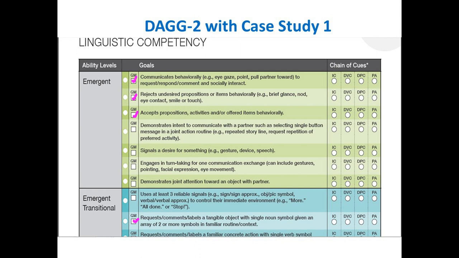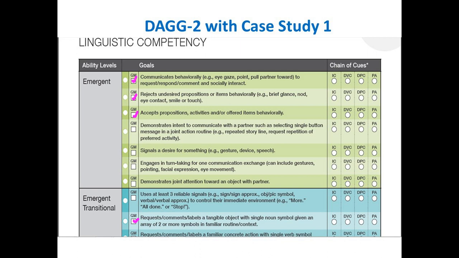So for linguistic competency, she was already communicating with her eyes, following people with her eyes, looking towards the items that she wanted. She was already able to reject an undesired item or position, mainly things that she didn't want.